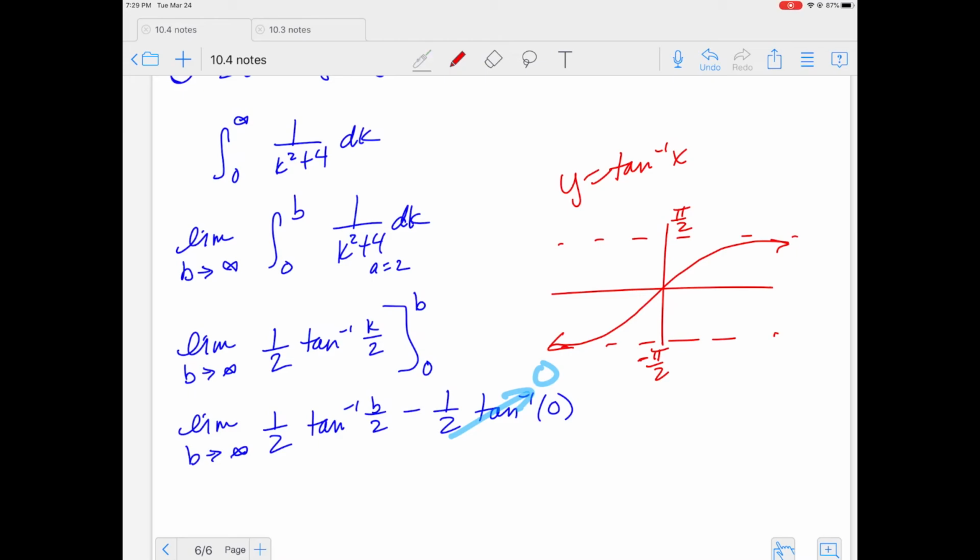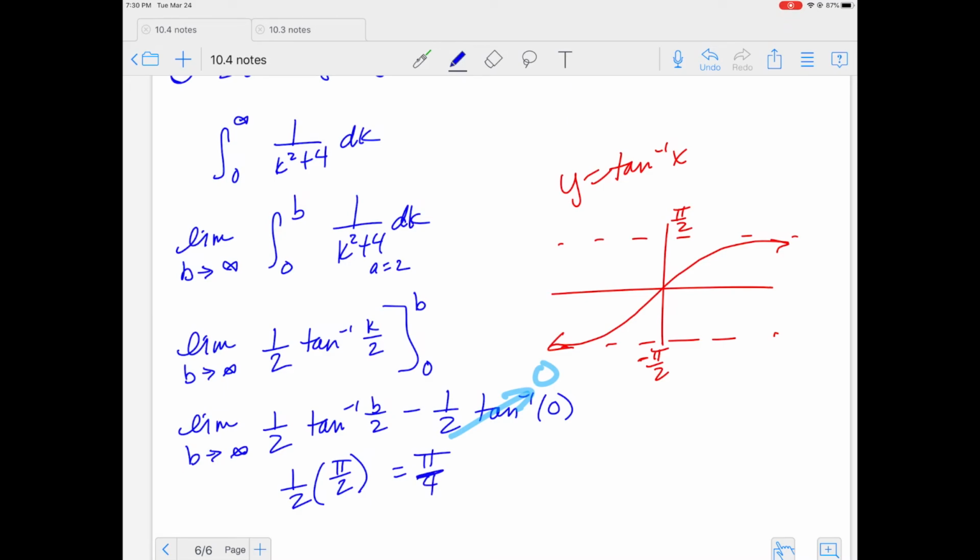What happens when inverse tangent approaches infinity? It means it goes on and on and on forever, right? What are you going to get up to? Pi over 2. Do you see that? It doesn't matter. So infinity divided by 2, big whoop, you're still going forever and ever and ever. You're going to hit that asymptote. So this is actually 1/2 times that pi over 2. So my final answer here is pi over 4.